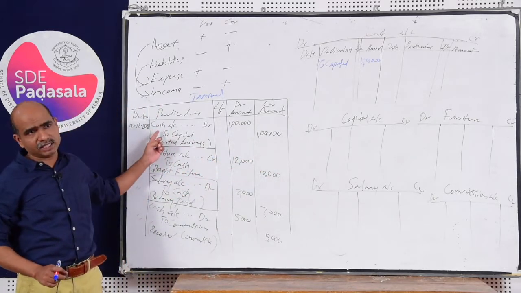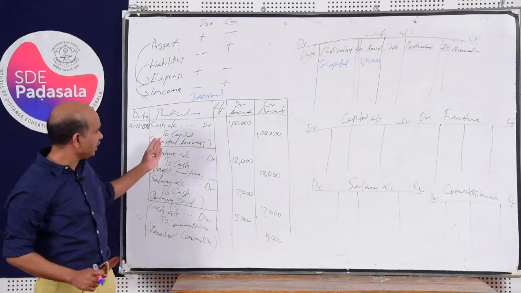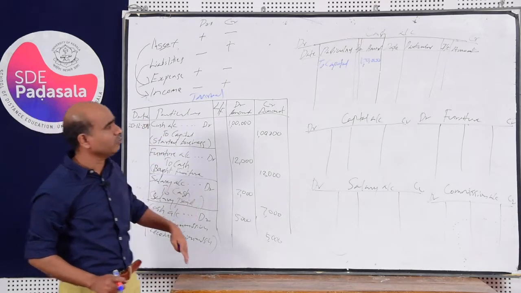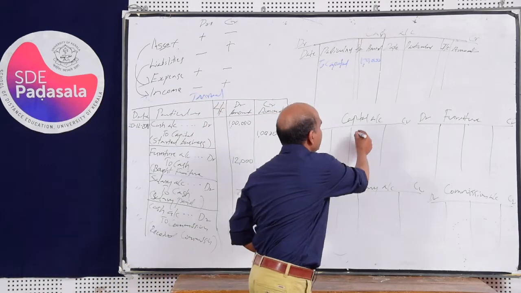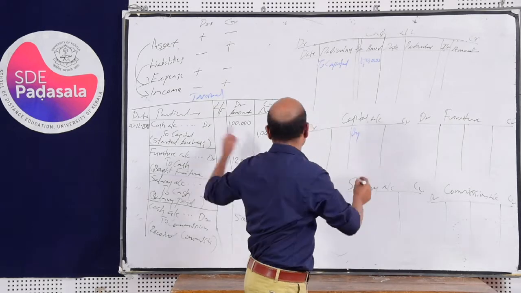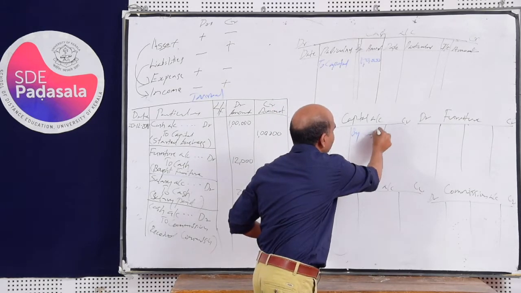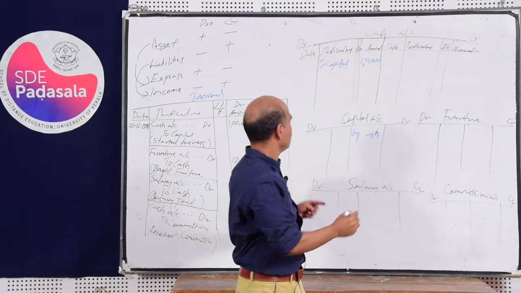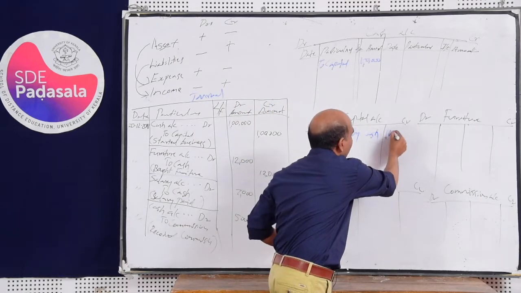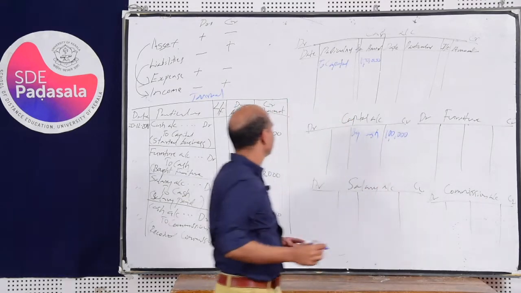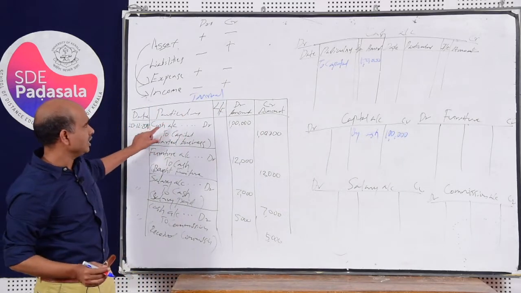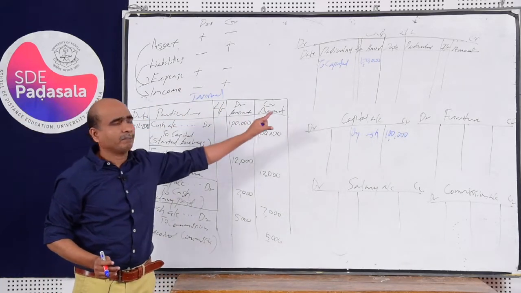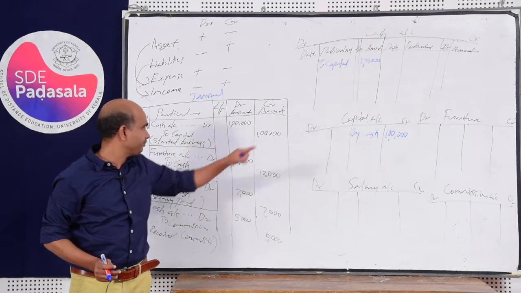Here in cash there is no 'To', so we write it on the right hand side of capital account as 'By cash'. The amount is 1 lakh.